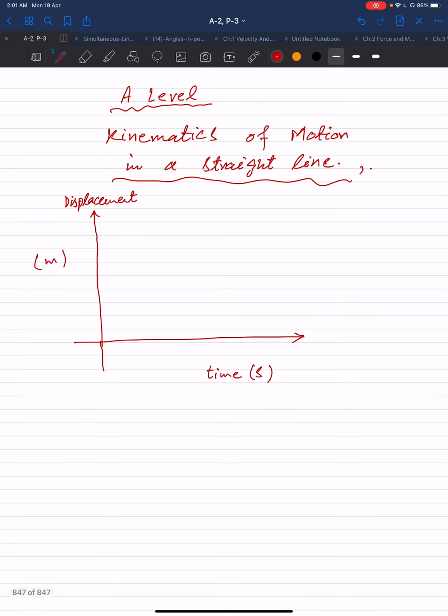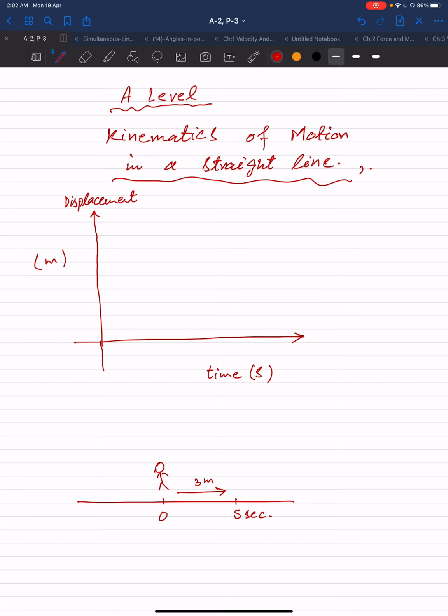Okay, let's suppose a person starts walking from zero and walks in this direction 3 meters in 5 seconds.